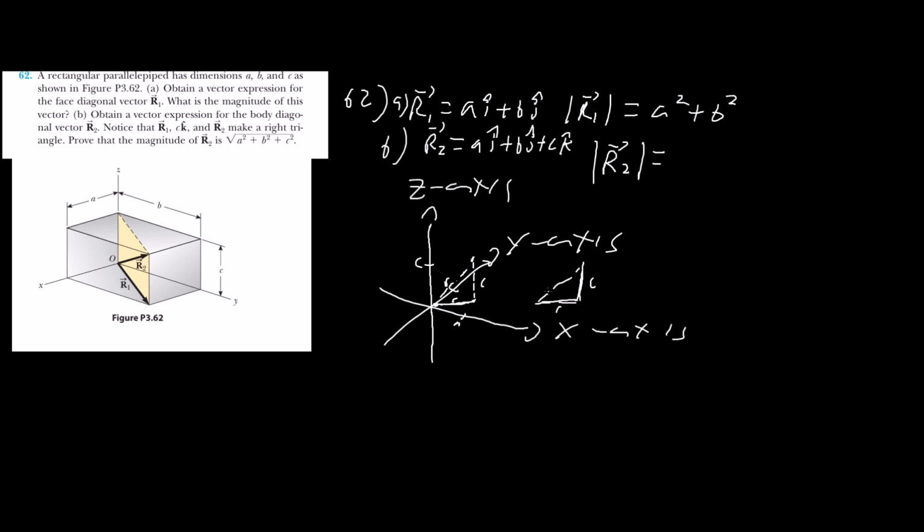So that's going to be the magnitude of this R2. That's another way of saying R1 squared plus C squared. And since this is R1 squared plus C squared, it's really just a triple Pythagorean theorem. So A squared plus B squared plus C squared.